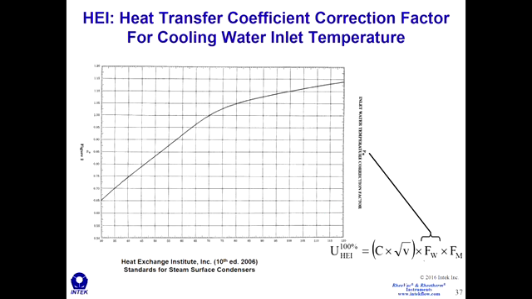The next parameter is this F sub W, and this is a factor that accounts for all of the water properties that change with water temperature. So down here, this should say T1. It's been cut off. Your inlet temperature. So the viscosity, the thermal conductivity of the water, the heat capacity of water that changes versus inlet temperature is accounted for in this factor here.